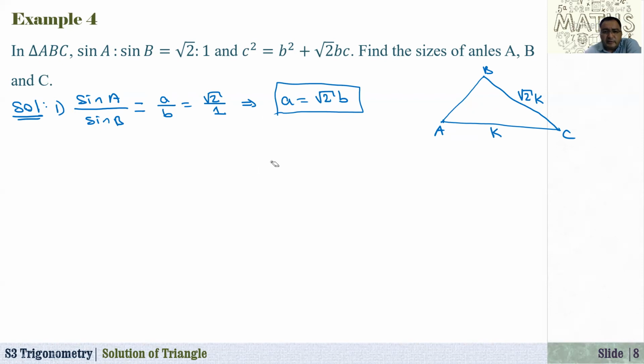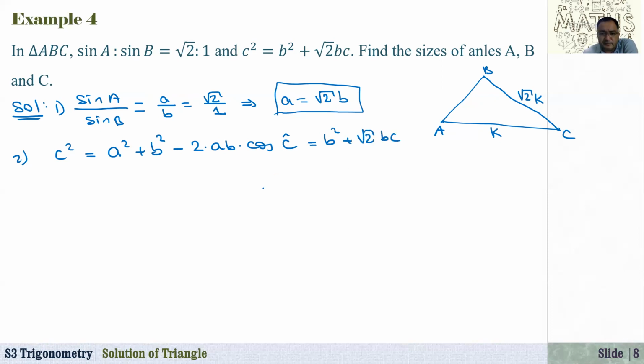So number 2 is, if I use, for example, the cosine theorem, C squared will be equal to A squared plus B squared minus 2 times A times B times cosine of angle C. So that's equal to B squared plus square root of 2 times BC.